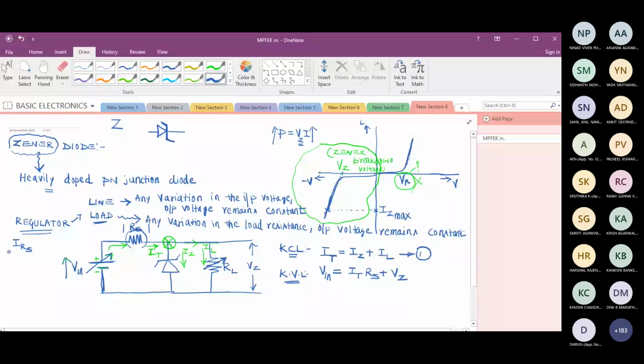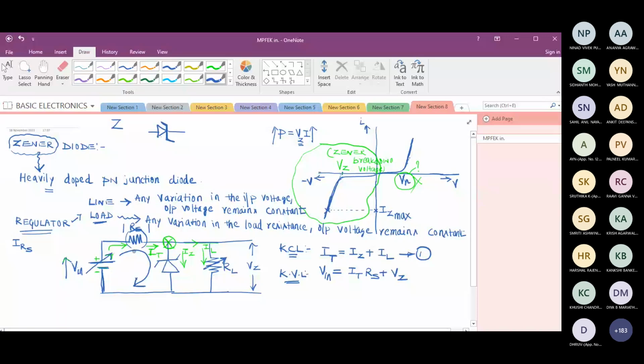Come to this Kirchhoff's voltage law. How many of you have followed this? V in equal to IT RS plus VZ. Explain that. Can I take this loop? Is it visible? I have drawn a clockwise arrow.